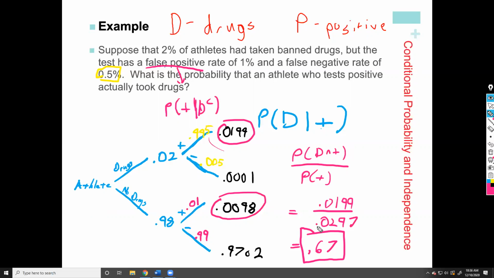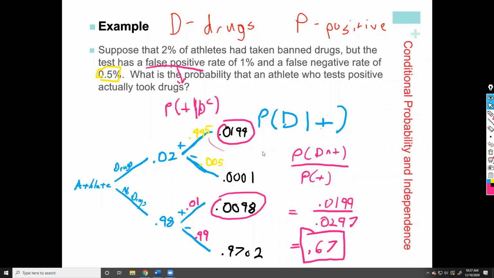And that's because of two factors. Number one, we have this false positive rate. We have such a high false positive rate. And number two, we have a very large group of people who did not take the performance-enhancing drugs, which starts to inflate this number to be bigger than it needs to be.